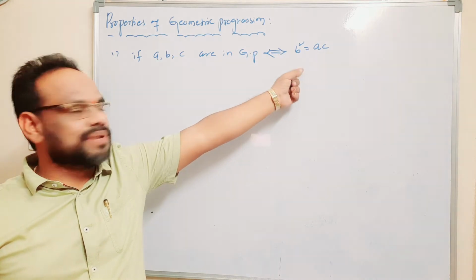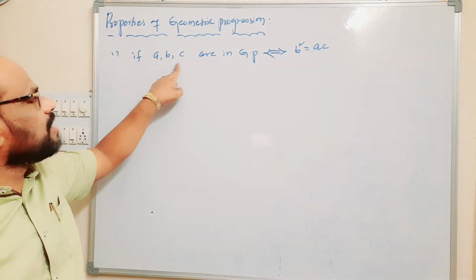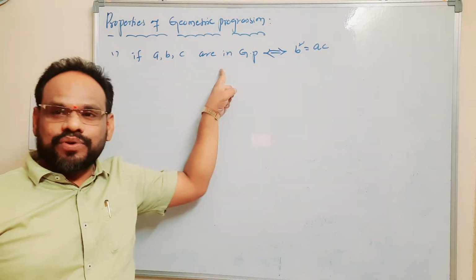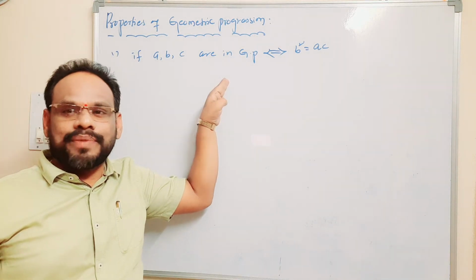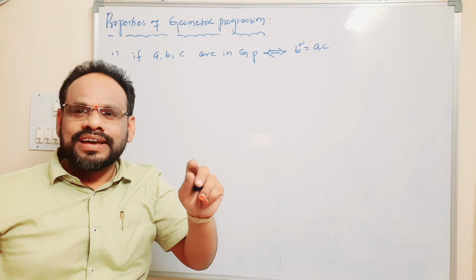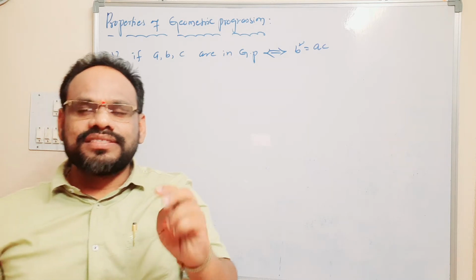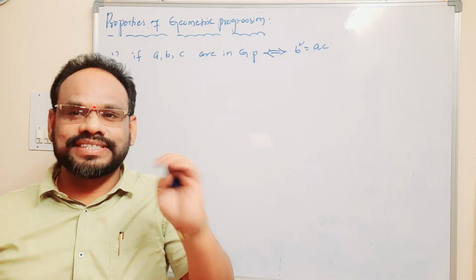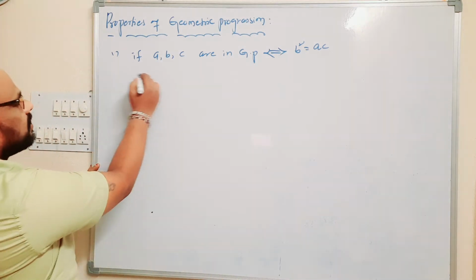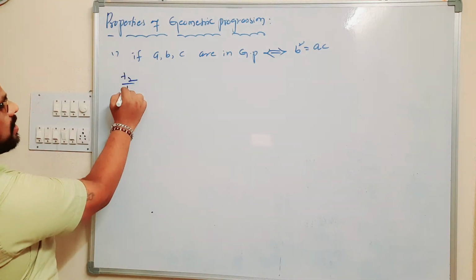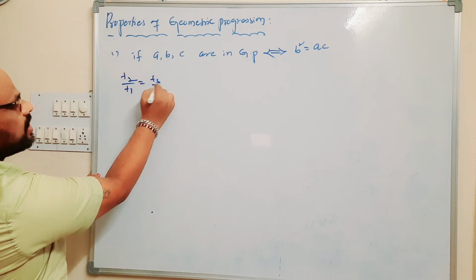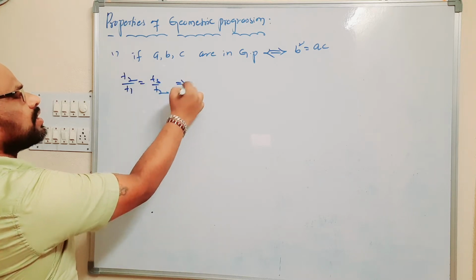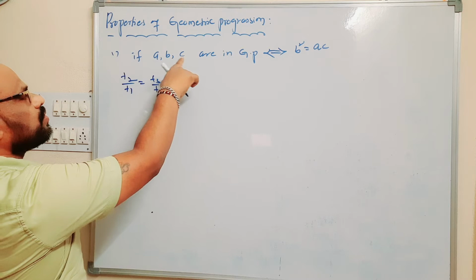How do we get this? Observe here, A, B, C are in geometric progression. We know that in a geometric progression, the ratio of any two consecutive terms is always the same. That is, T2 by T1 is equal to T3 by T2. Here T1, T2, T3.